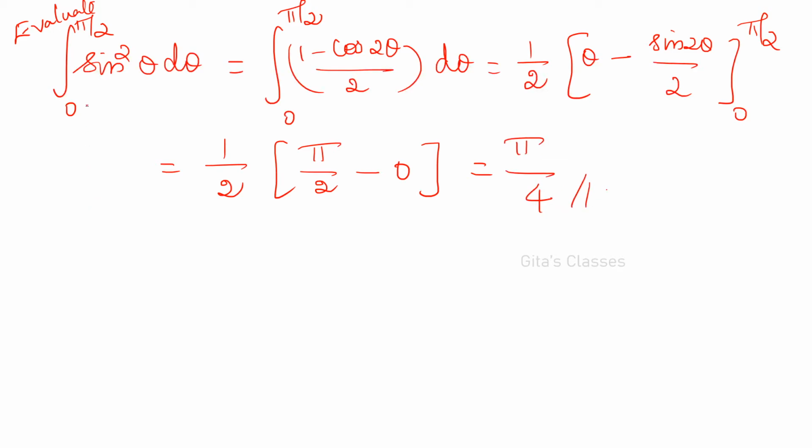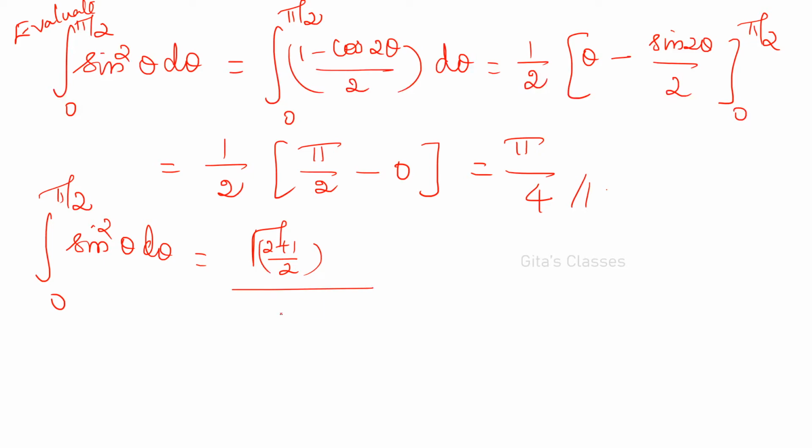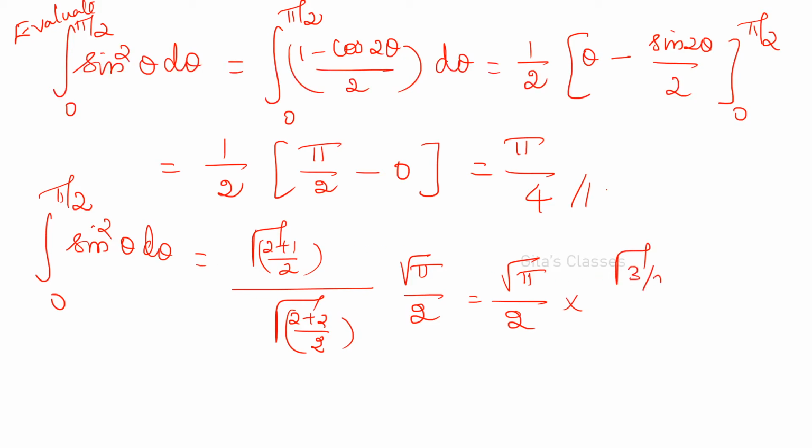This is the answer. But if you evaluate using the gamma function, sin square theta d theta is equal to gamma of (2+1)/2 divided by gamma of (2+2)/2 into root pi by 2, right? So root pi by 2 into gamma of 3 by 2 divided by gamma of 4 by 2, which is gamma of 2.